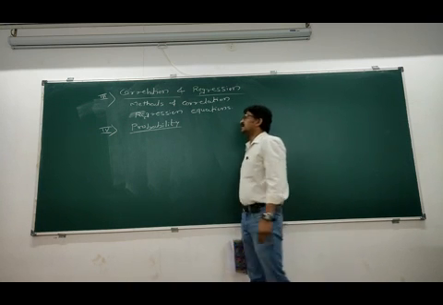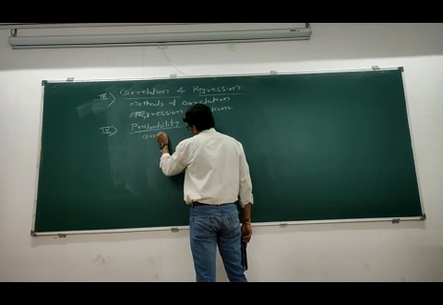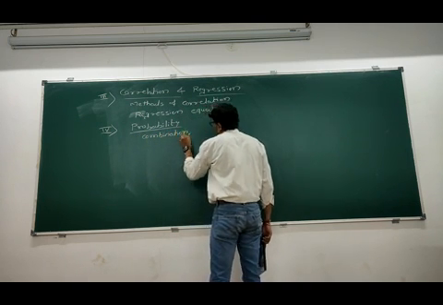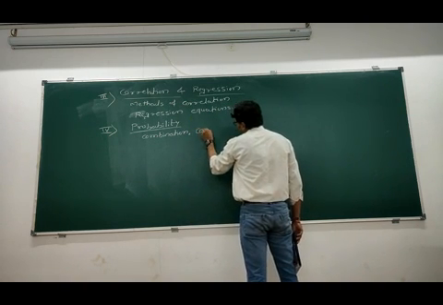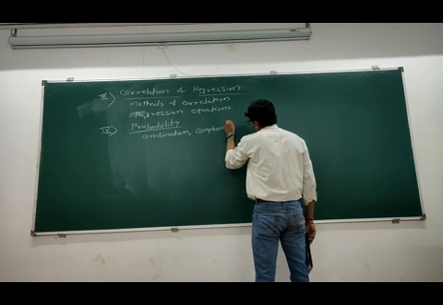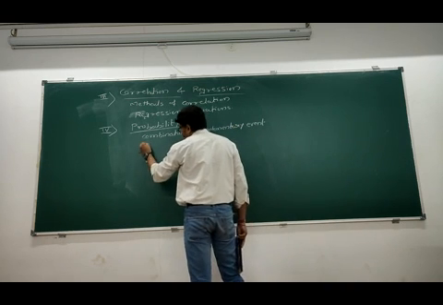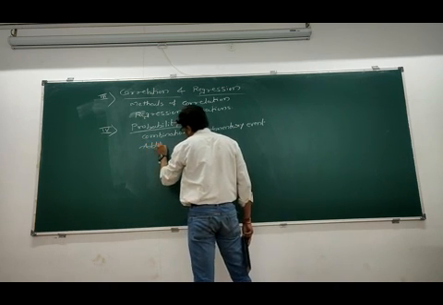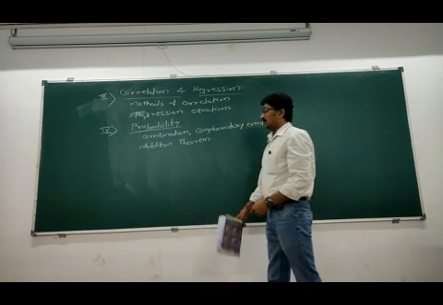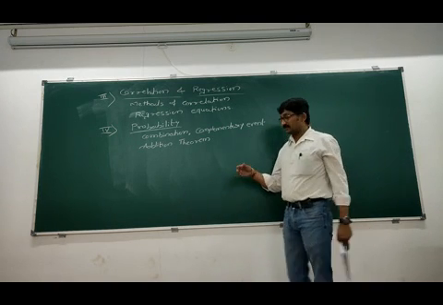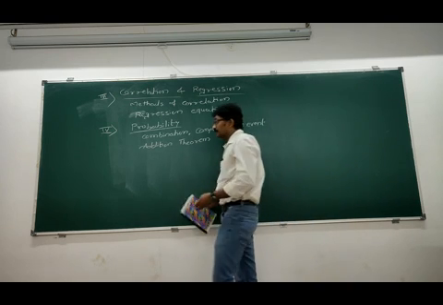Here you are going to study simple probability, then combination problems, then complementary event, and addition theorem. You have to prove the addition theorem as well as solve problems on addition theorem. So this is also an important topic.